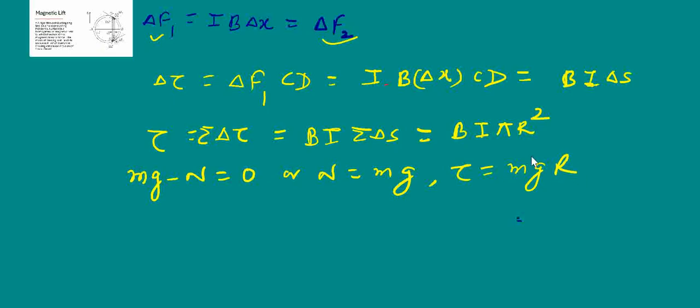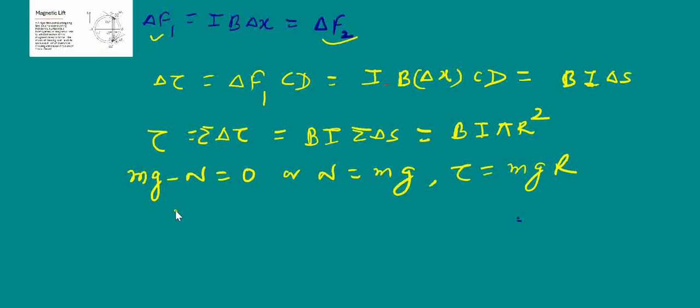They are trying to rotate about the diameter, so they will produce a torque of value mgr. R is the radius of the ring, and in equilibrium the total torque of all forces, that is the sum of magnetic and mechanical torques, is equal to 0.